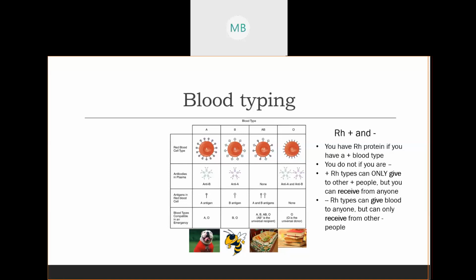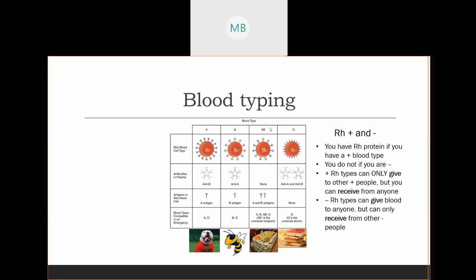But all of these are linked to genetics. These traits are codominant with one another, so A and B proteins could both be expressed, or maybe you don't have any proteins.